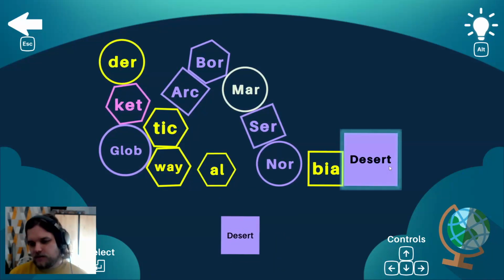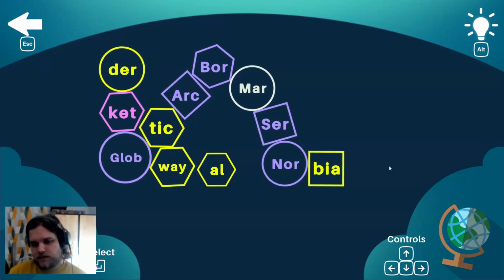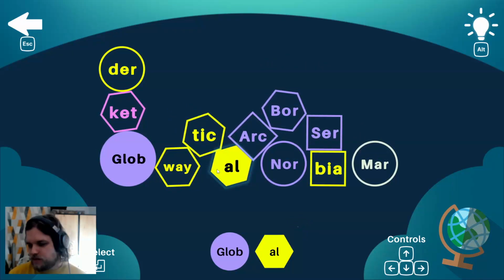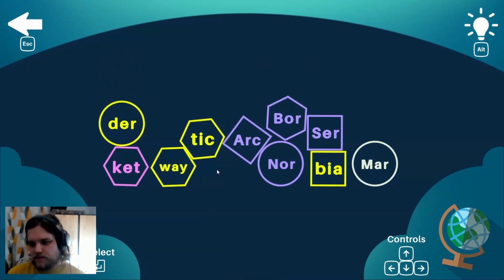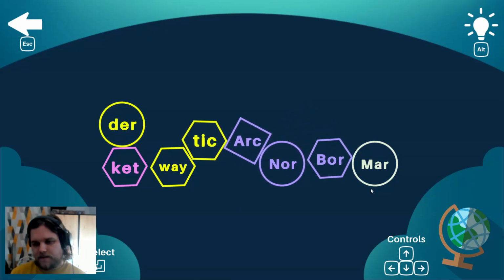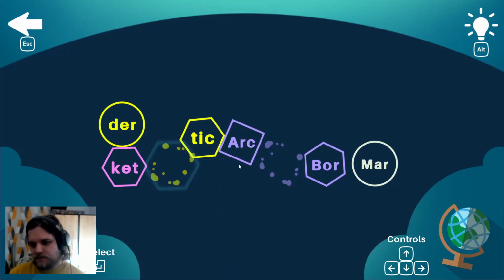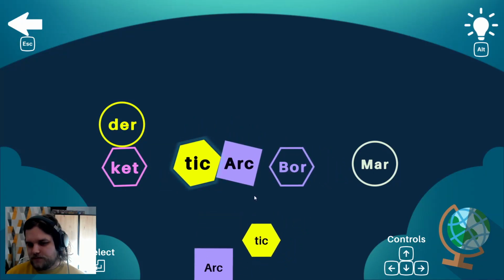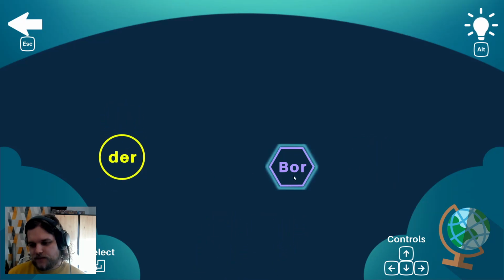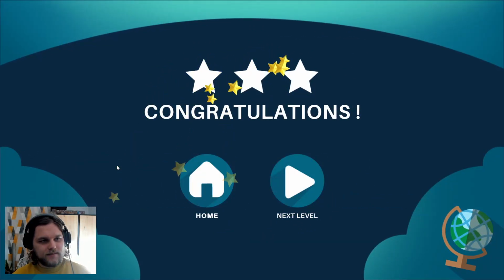I think these are the only ones that are based on simple words. Now I need to recreate something. So global, probably. Serbia. Norway. Arctic. Maybe market as a place. And borders between countries, of course.